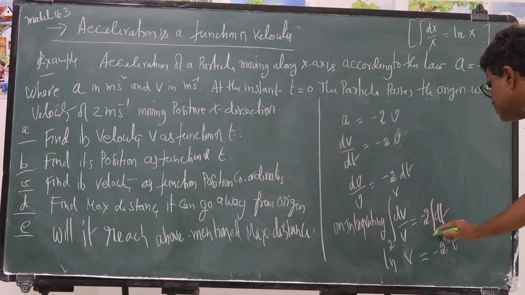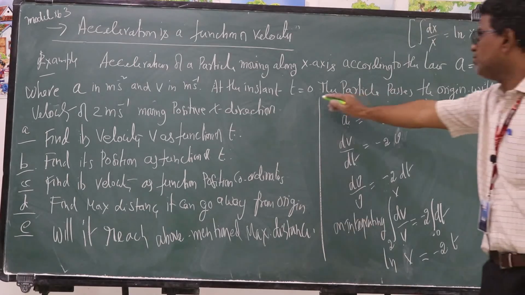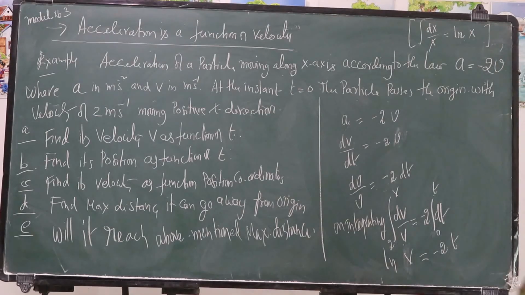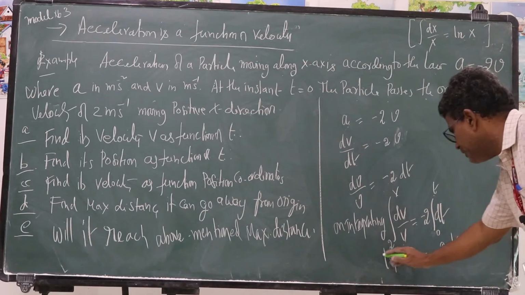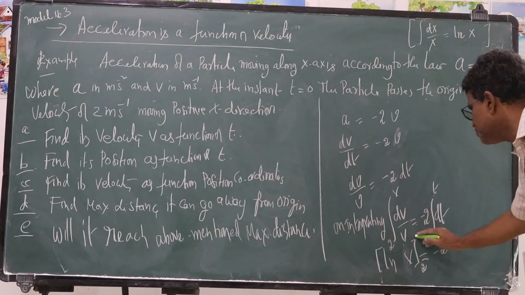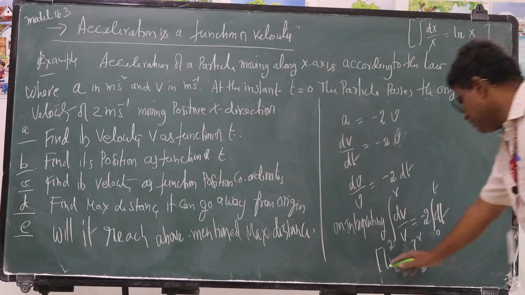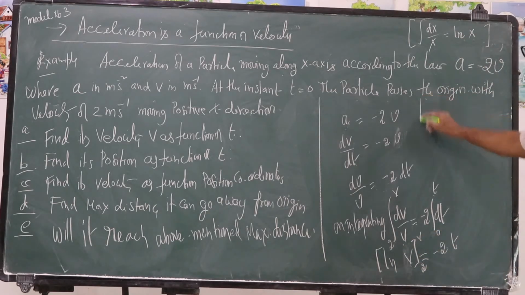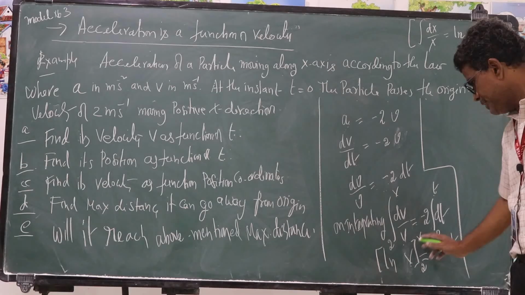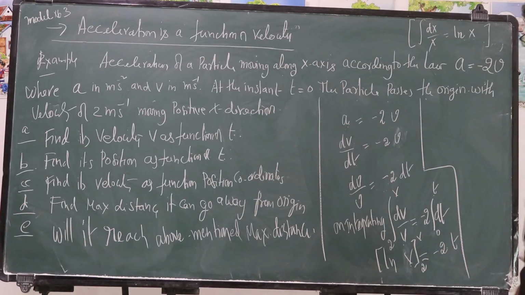Time is 0 to t. After integration you substitute the limits. Lower limit is 2, upper limit is v. So ln v minus ln 2.